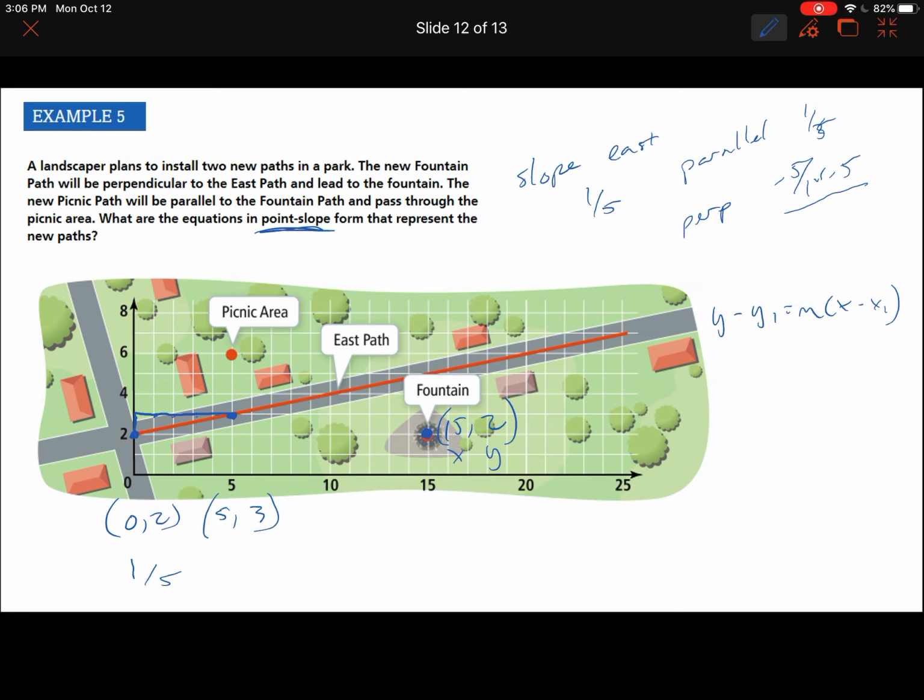I have this as my x, this is my y, and I know my slope is going to be negative 5. So y minus 2 equals negative 5 times x minus 15, and that's going to be the fountain.